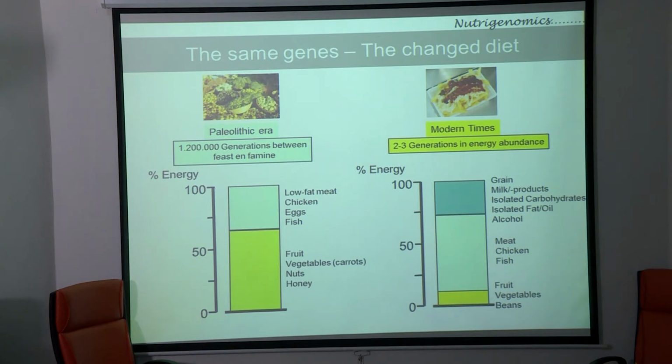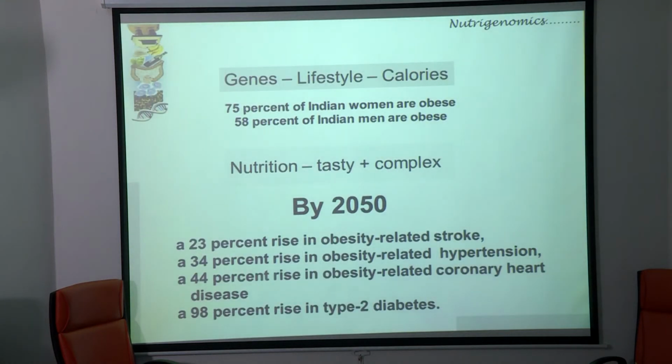foods. And as a result, with the change in the lifestyle or slowdown of the kind of activity which individuals started doing, the energy from processed food was more as compared to the raw food. And this is what it resulted in.